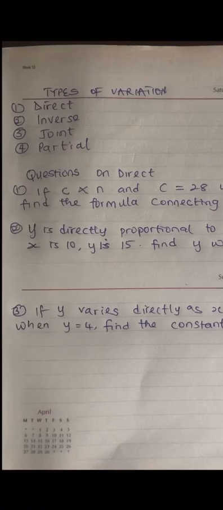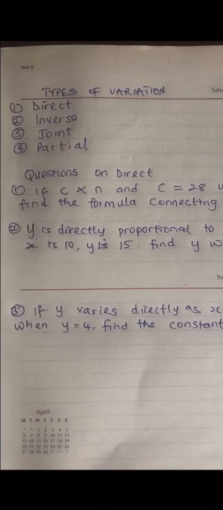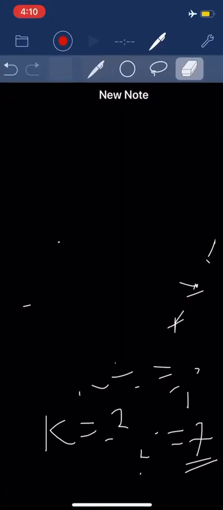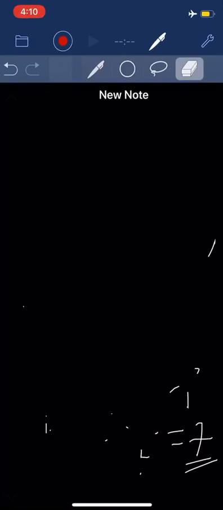So it means, first of all, I'm going to find my formula or my relationship that is connecting y and x. So going back to our notepad, sorry, I got to erase this quickly. First of all, y is directly proportional to x.